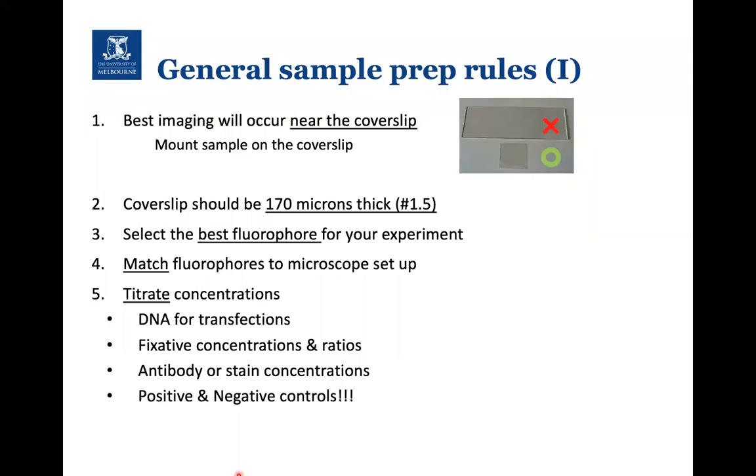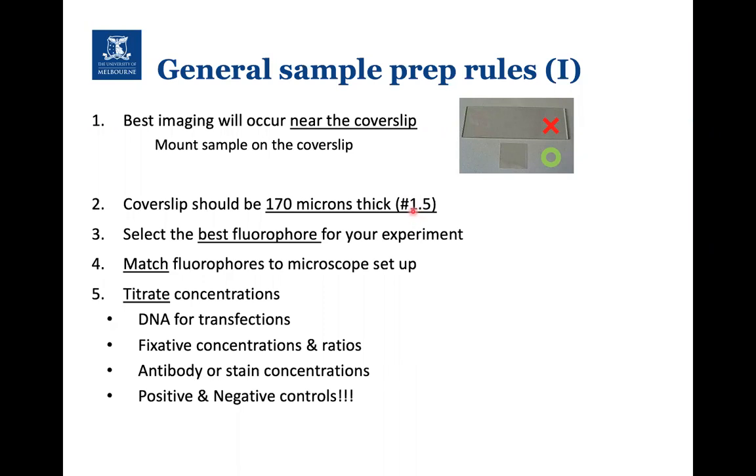So I wanted to start with a few general rules in terms of how best to go about sample preparation. In general, for fluorescence microscopy, the best imaging is going to occur near the cover slip surface. As we mentioned on Tuesday, the objective you're using is normally expecting a cover slip with about 170 micron thickness.